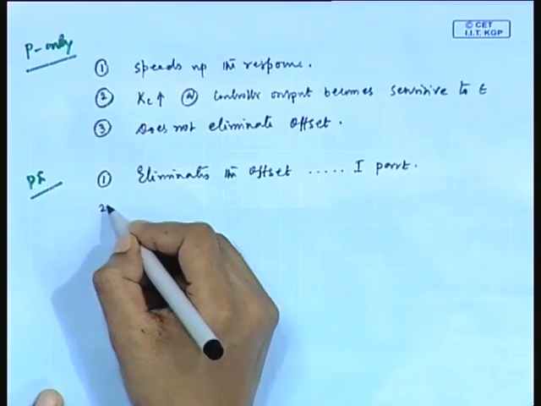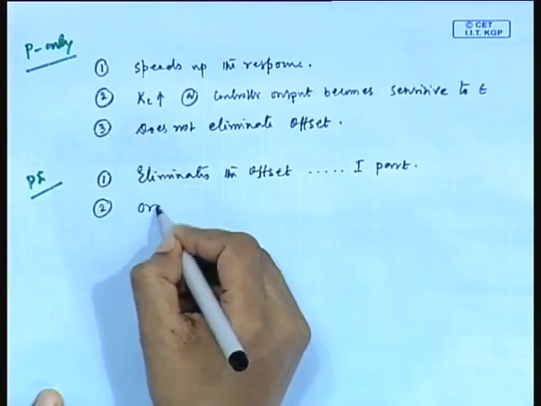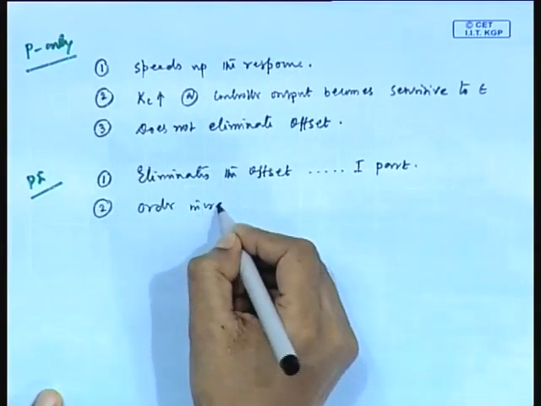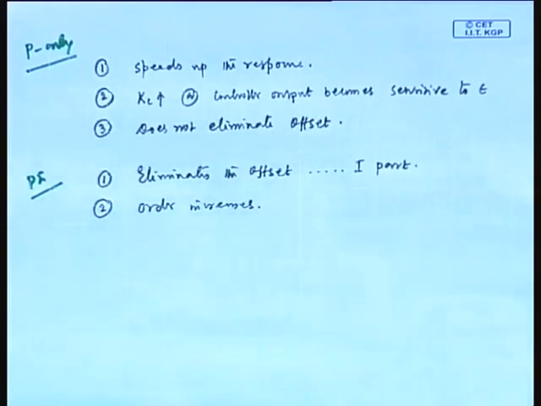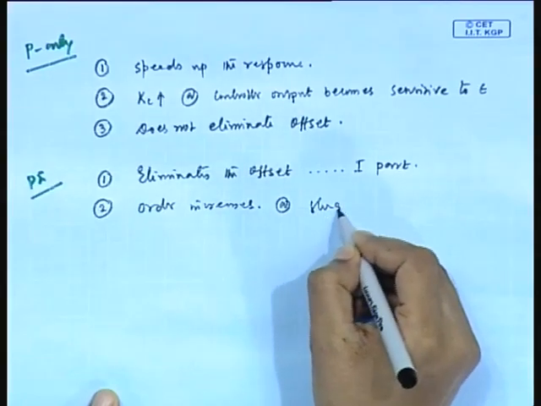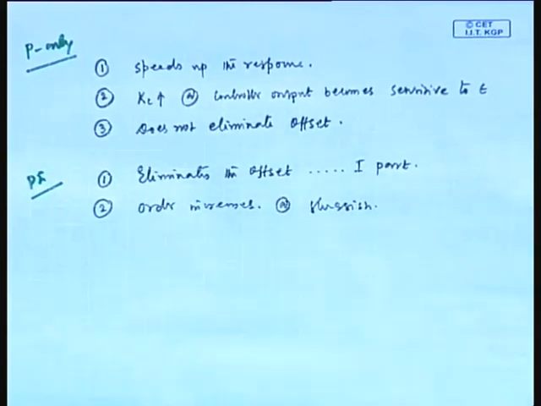Second point is the order. For P-only controller there is no change of order, but for PI controller the order is increased. So, second point is order increases, and as the order increases the overall response becomes sluggish.